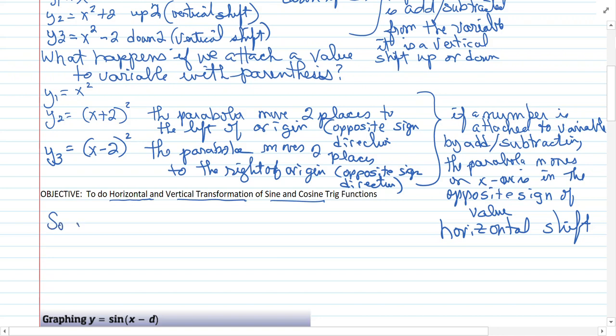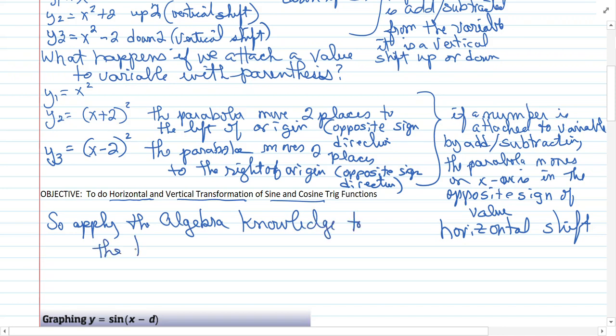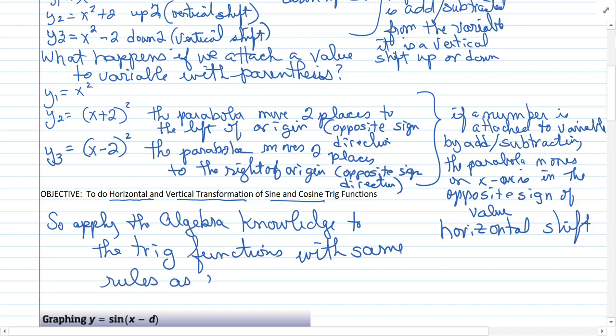So we'll apply the algebra knowledge to the trig functions with the same rules as above.